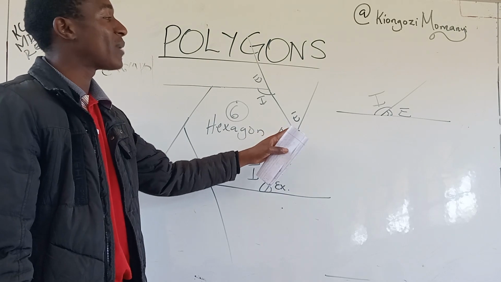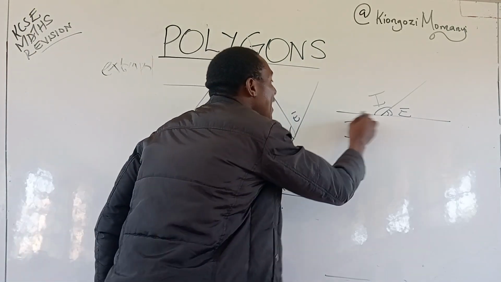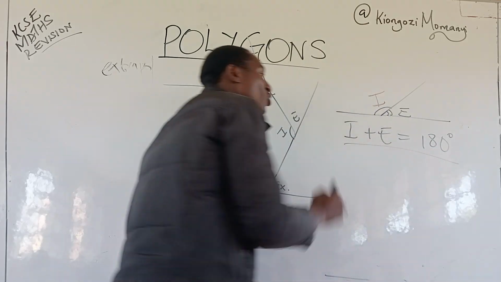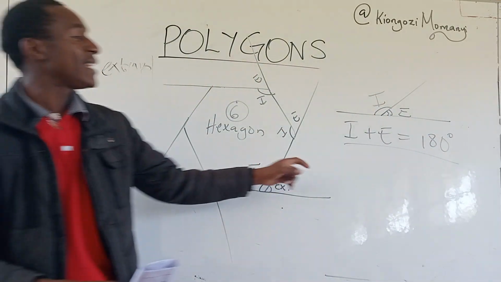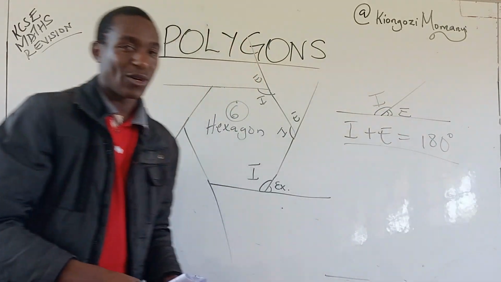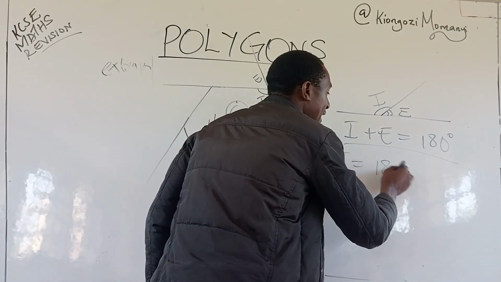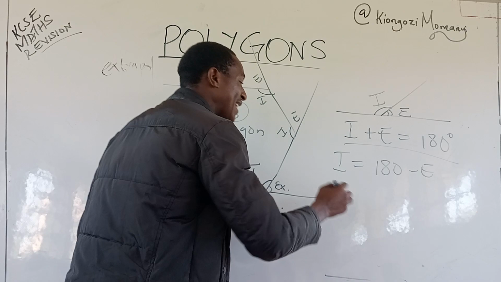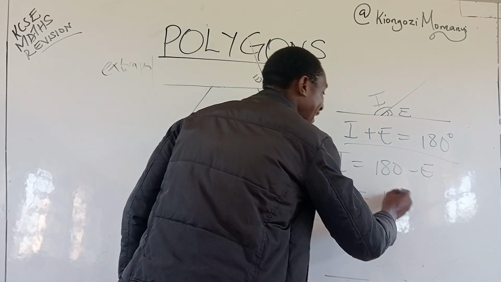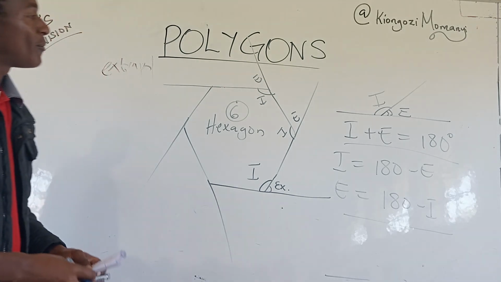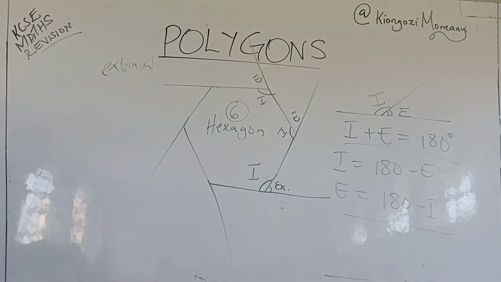That is the relationship, and that means interior plus exterior is equal to 180 degrees. So if you have one of them, you say 180 minus the other. If you want interior, you say 180 minus exterior. If you want exterior, you say 180 minus interior. That is the first part I wanted you to understand.